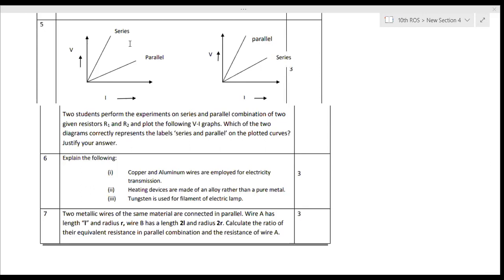What's the answer you got? Is it 1/3? Yes, 1/3, right? Have you got?